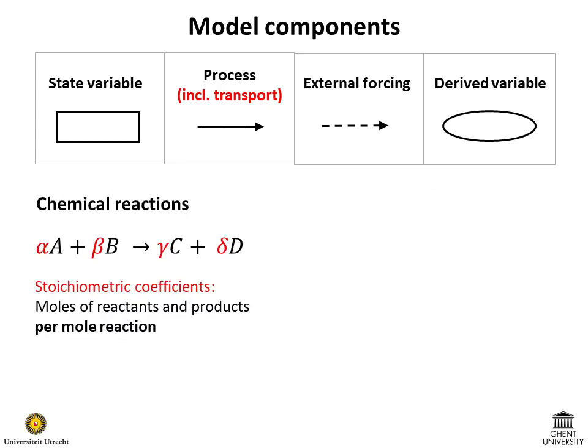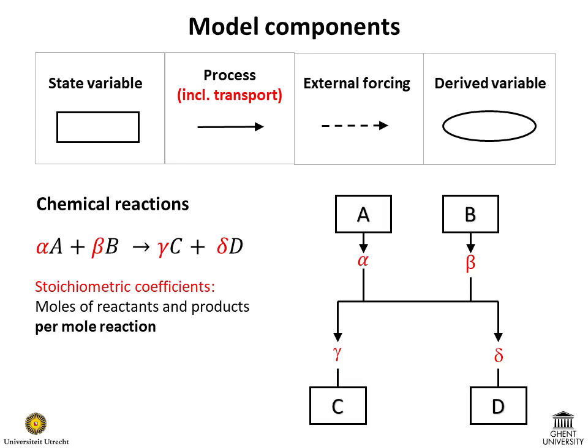Another example of models that we will study in this course involve chemical reactions. Generally, a chemical reaction where A and B react to C and D can be written as shown below. Here, the Greek letters alpha, beta, gamma and delta are the stoichiometric coefficients which tell us how many moles of A and B react and how many moles of C and D are produced.